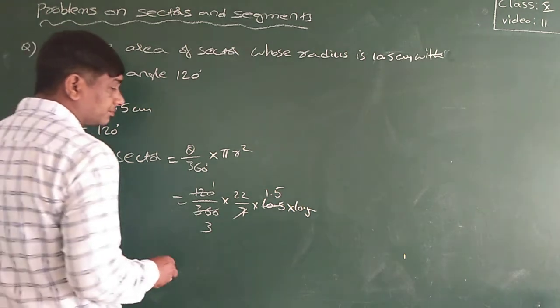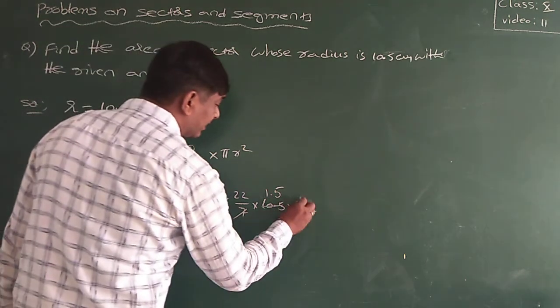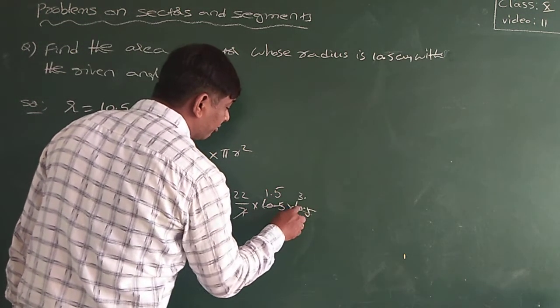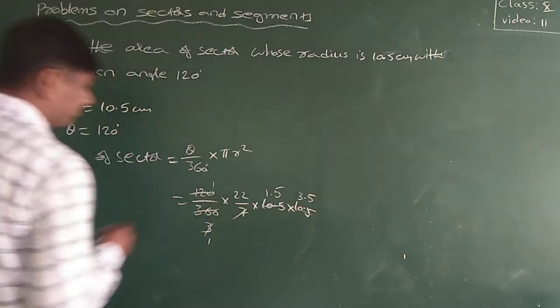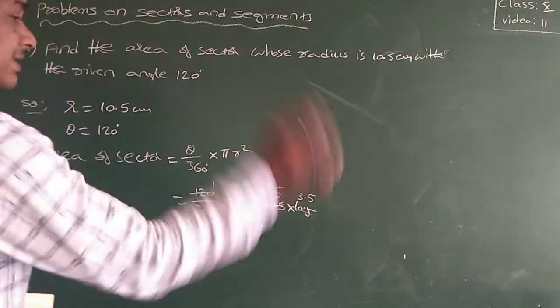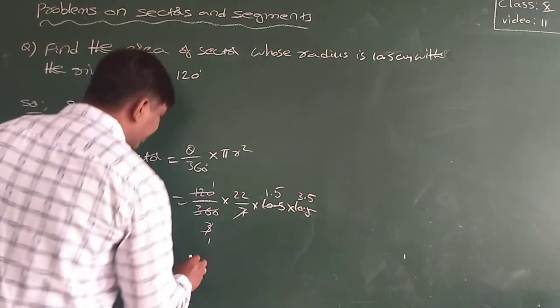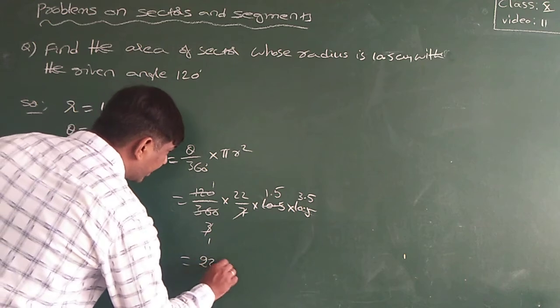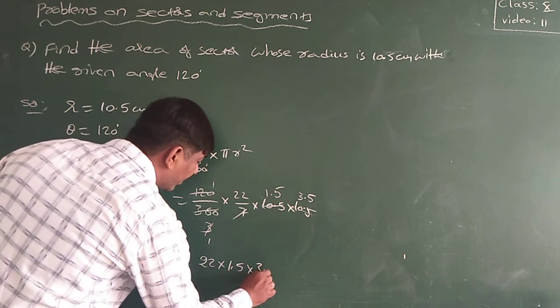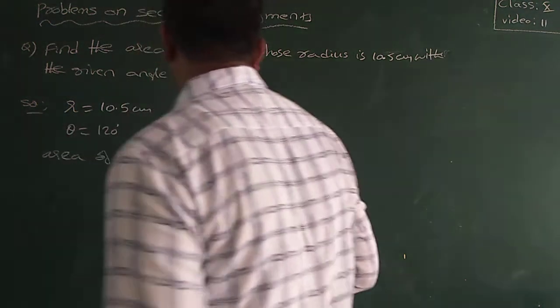Now 3 1s are 3, 3 3s are 9, 3 5s are 15. Any more cancellation? I don't get any cancellation. 22 into 1.5 into 3.5. Now multiply them.